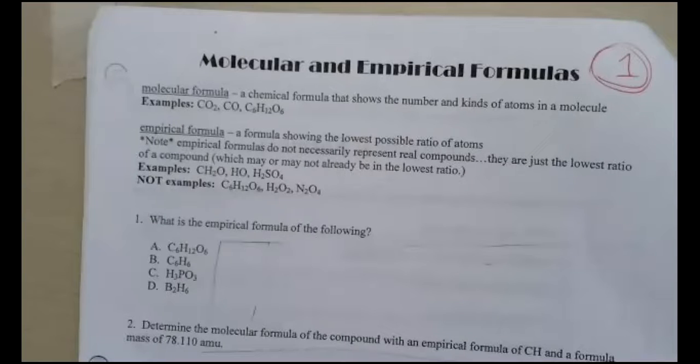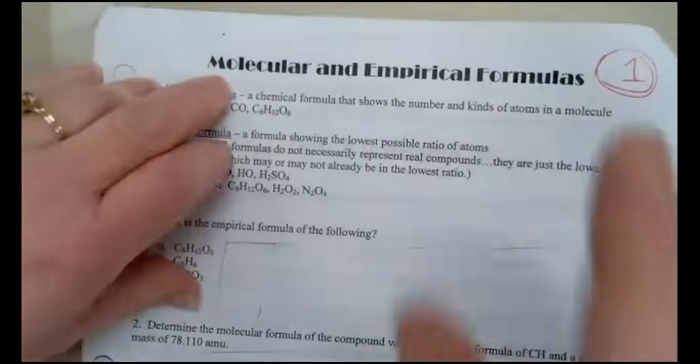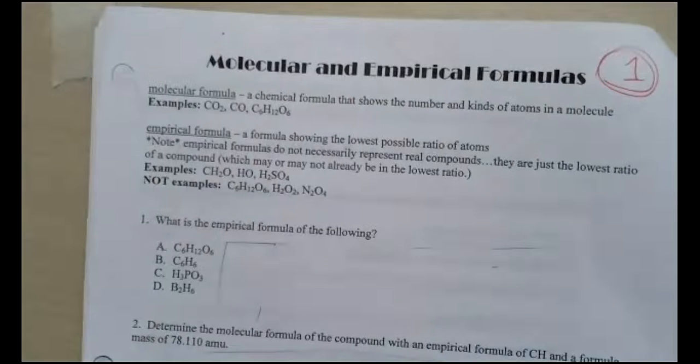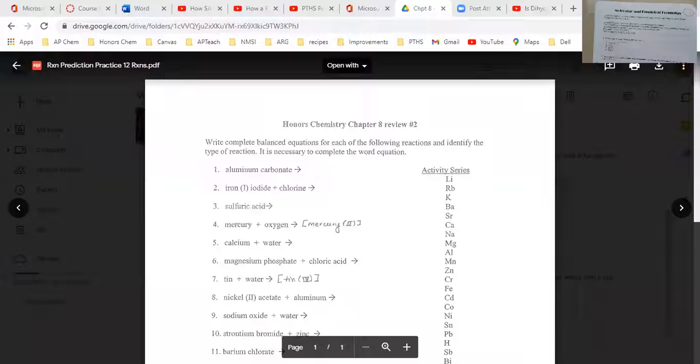The goal for us today is that when you leave the classroom, you will understand how to perform molecular formula problems. But first, just to give you a preview, this is chapter 8, chemical reactions.